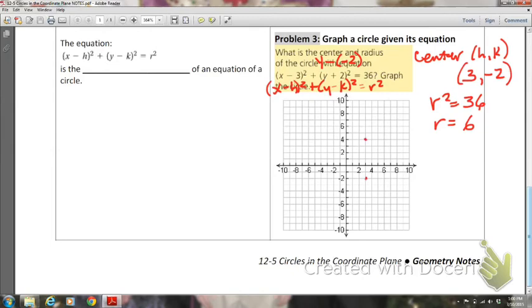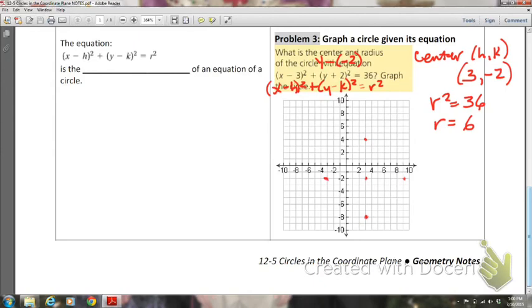You can go right 6 units, and that would be on your circle. Go down 6 units from the center. That's going to be a point on your circle, and then go to the left 6 units and make a point. Those are all going to be points that are on your circle.